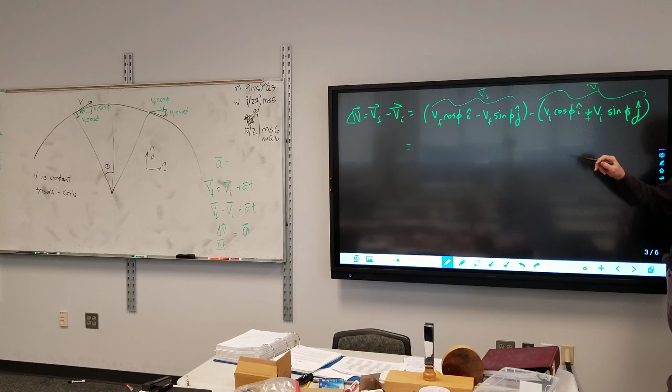All right, so what is this equal to? The change of velocity.